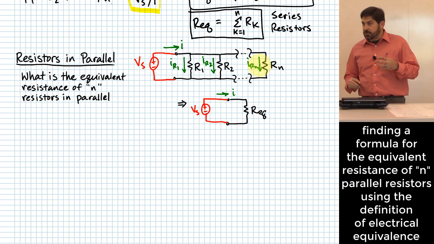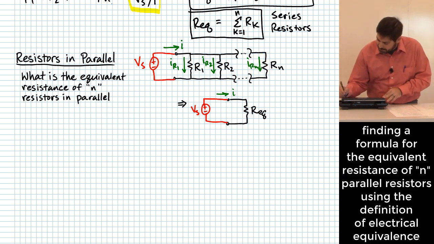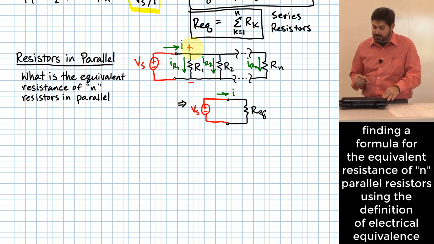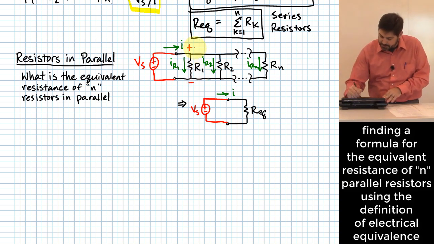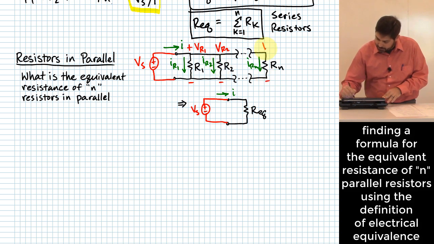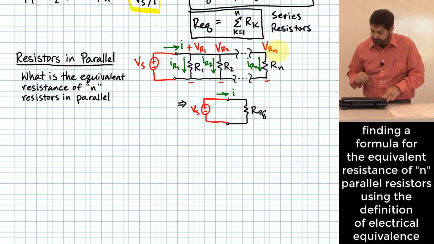Because I've got those currents flowing across those resistors, I also have voltages seen across the terminals of each one of those, and I'll label those this way. Let me call that VR1, here I'll call this VR2, the voltage across that resistor, and over here I'm going to call this VRN.